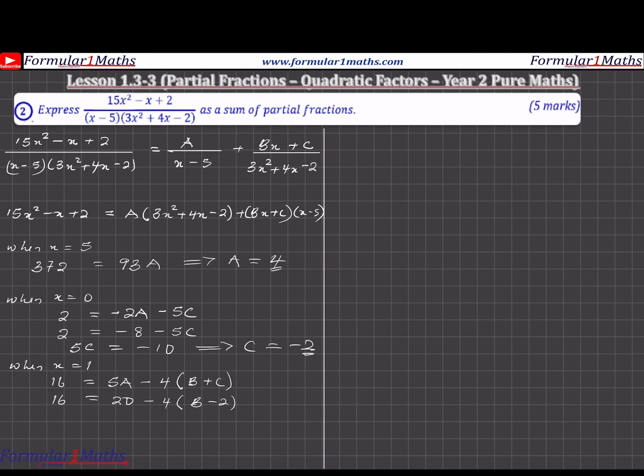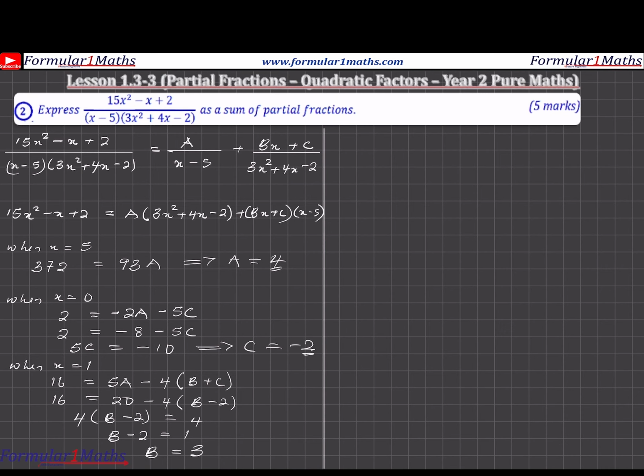So this means that 4 brackets b minus 2 is equal to 4. That means b minus 2 is equal to 1, which implies that b is equal to 3. So now I've got the values of a, b, and c.